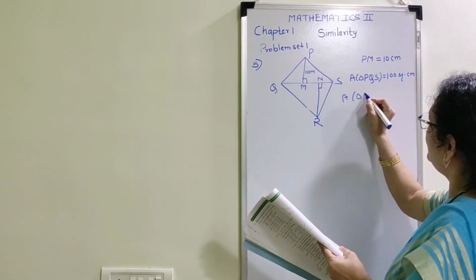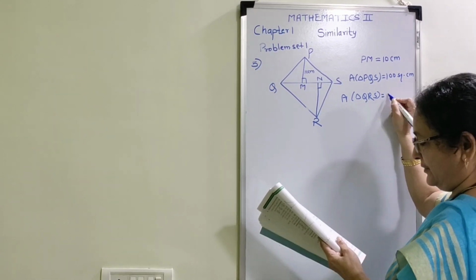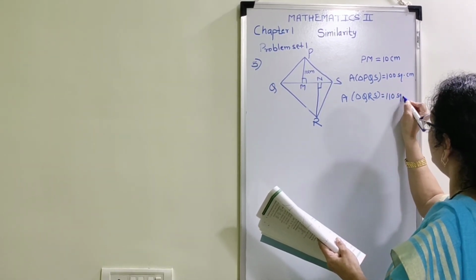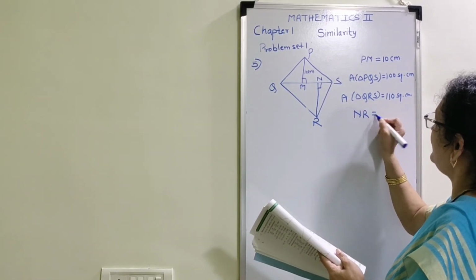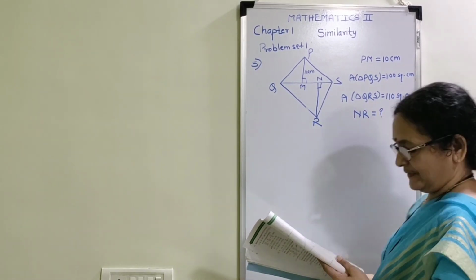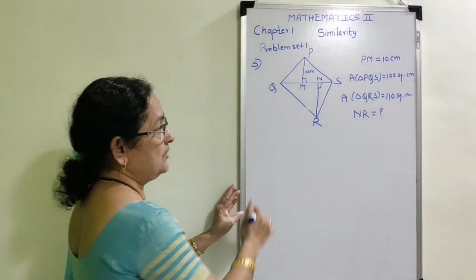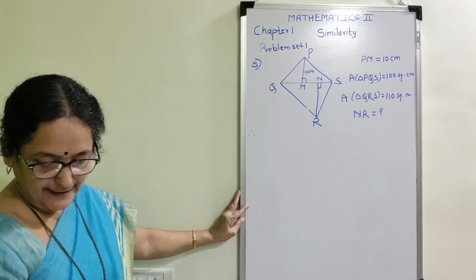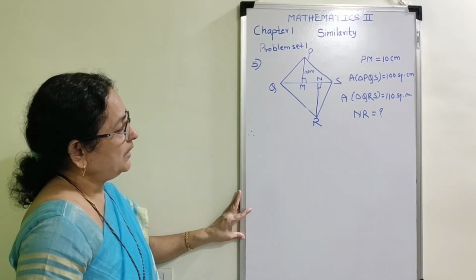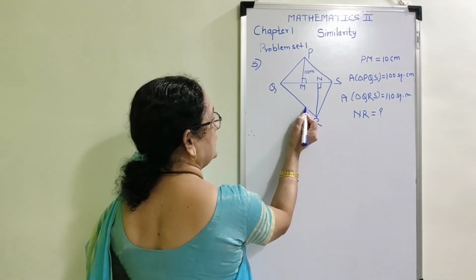Area of triangle QRS is equal to 110 square centimeter, and you are going to find out RN, that is height of the second triangle. Now please observe the given figure. First of all, areas of both the triangles are given. Now here, observe the given figure. It is also similar to the earlier figure.